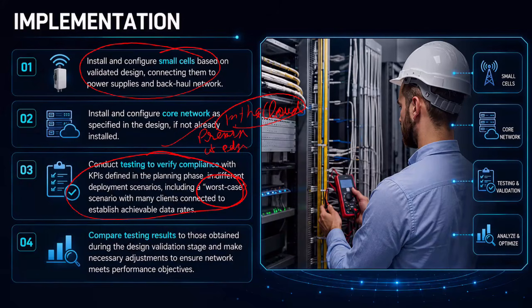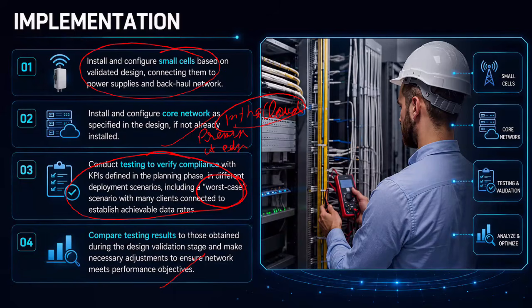Another important step is to compare the actual field measurements with the predicted design. As I said earlier, during the design phase, we predicted what the network should achieve. But after the implementation, we are measuring what the network is actually achieving. So if the results are close to our prediction, our KPIs, then that's good.